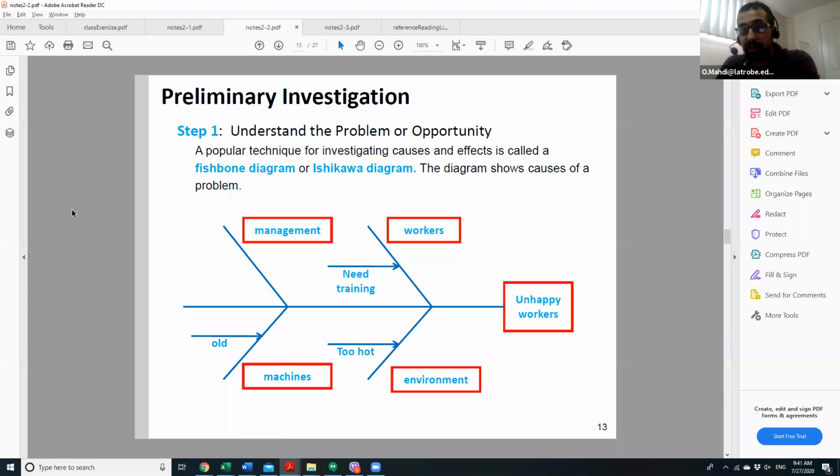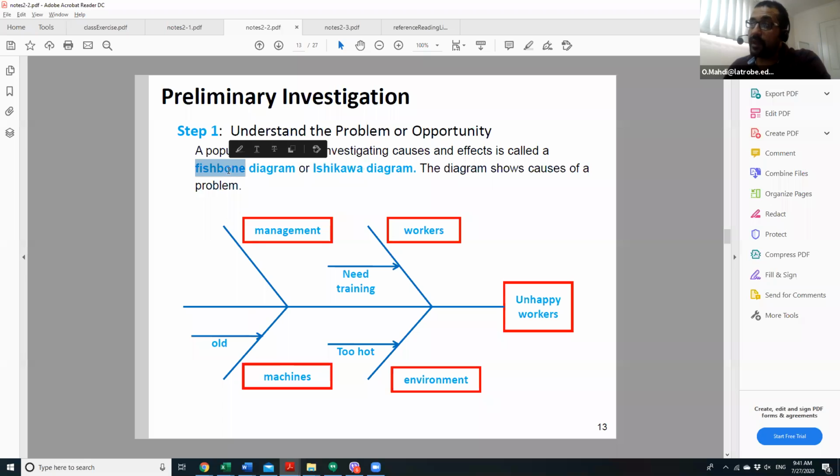A popular technique for investigating the causes and effects is called the fishbone diagram, or Ishikawa diagram. Ishikawa is the person who came up with the idea of this diagram.